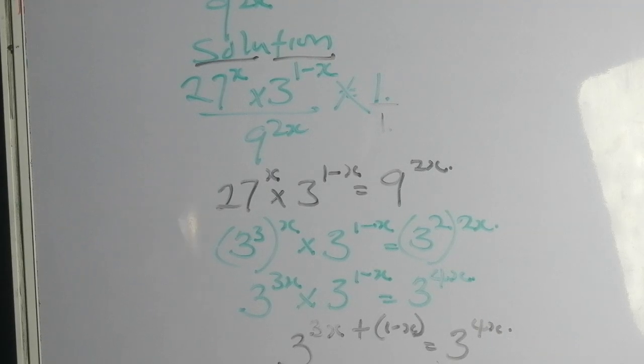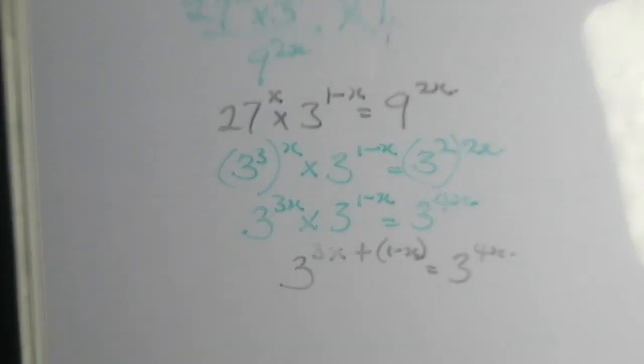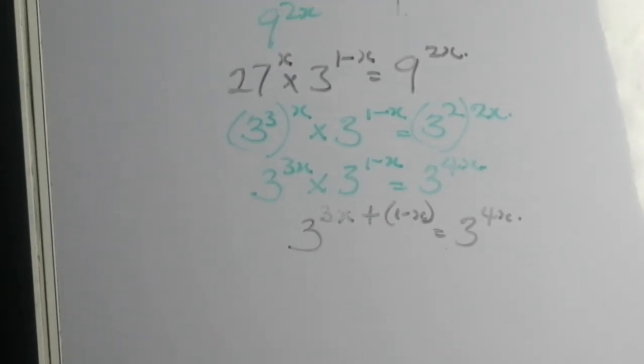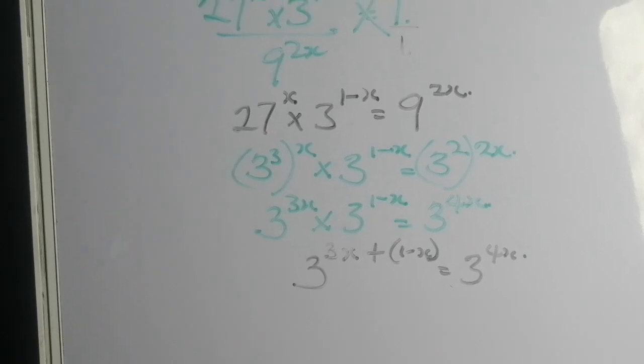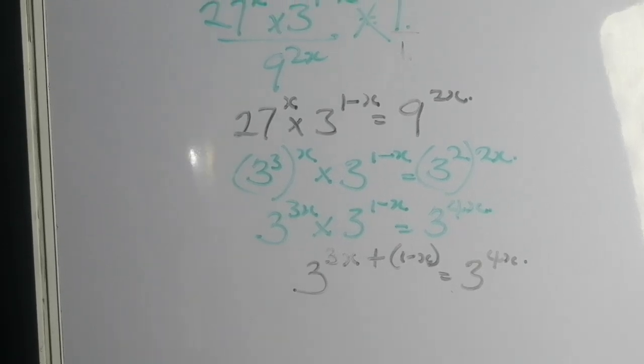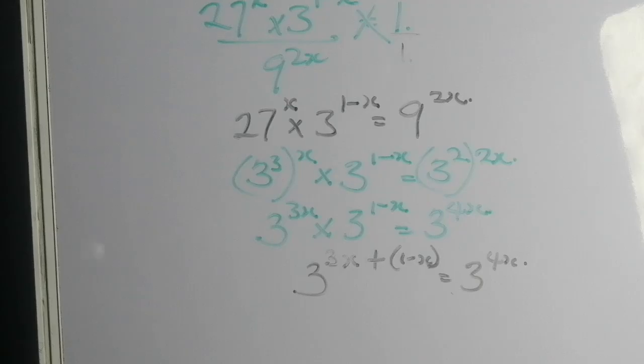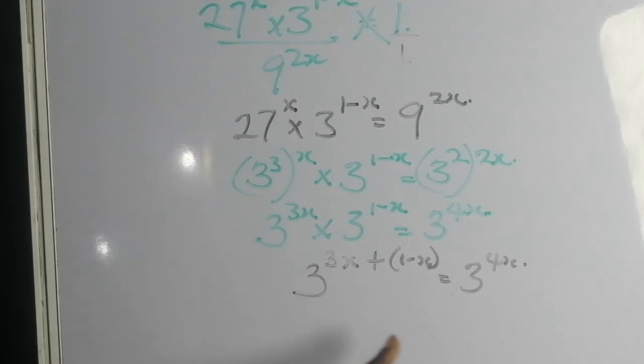So mathematics is not magic. We have laws that guide each of the steps that we take in mathematics. So at the end of the day, we have base 3 here. We have base 3 here. Exponential function under indices. That was the last topic treated on the series.